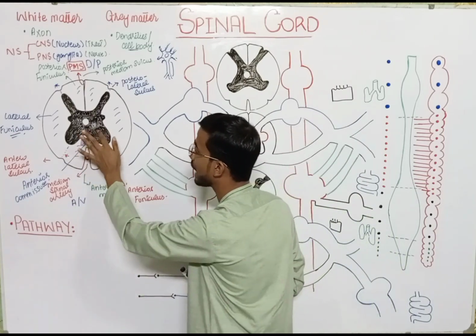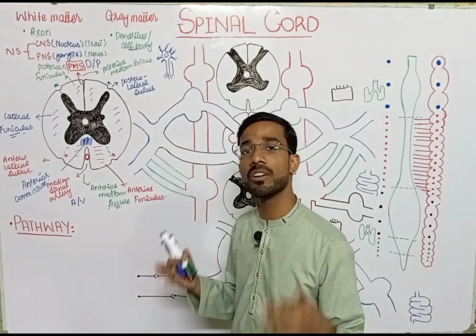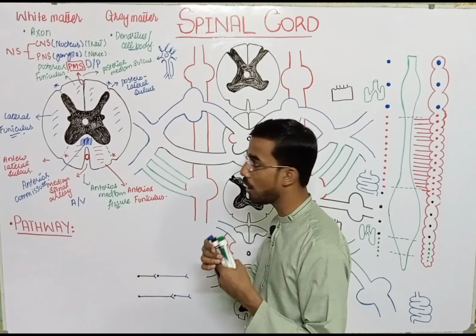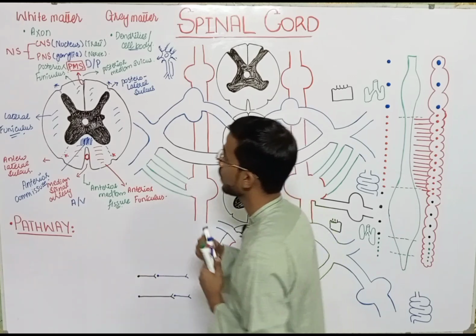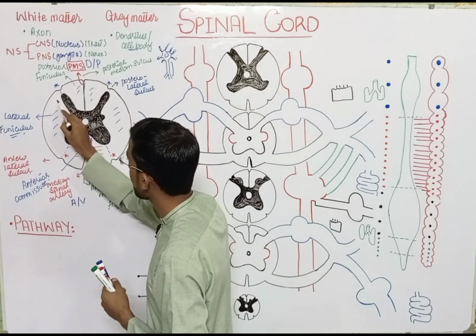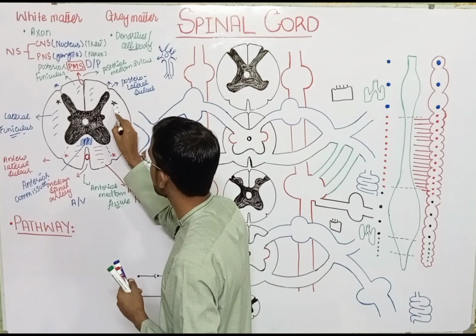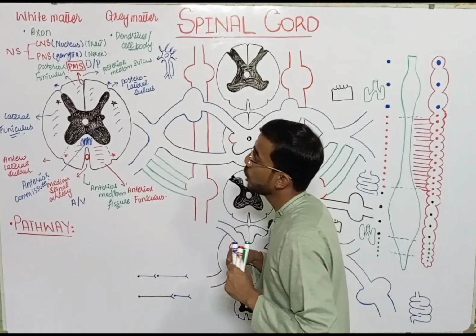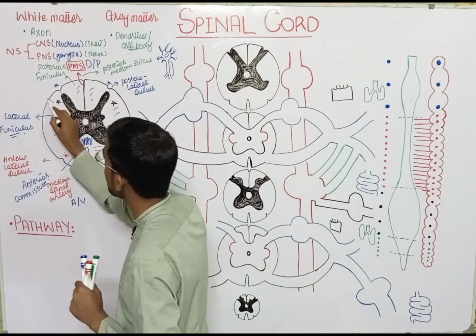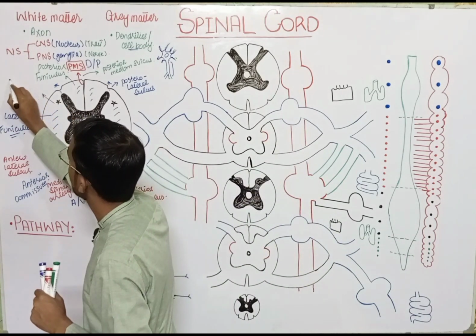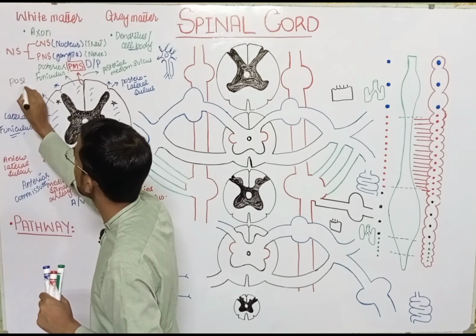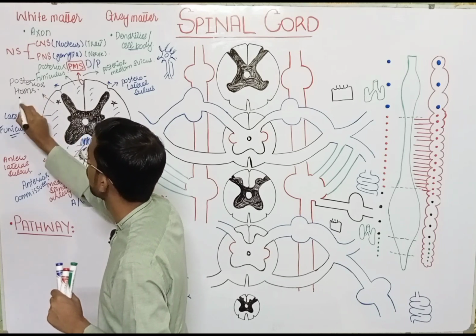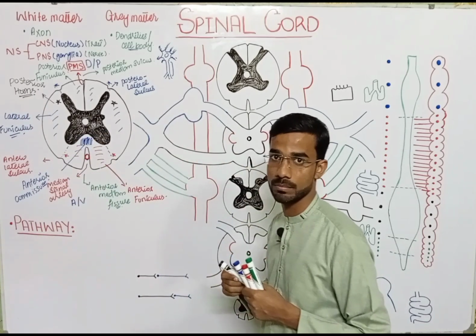Next, if we move inward, you see the gray matter, butterfly-shaped or H-shaped. There are different horns in the gray matter. These two horns at the dorsal, posterior side are called the posterior horns of the gray matter.